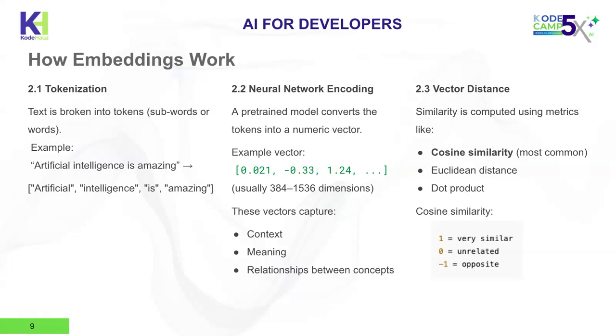Then those 4 tokens will be sent to a pre-trained neural network, a pre-trained model, that will take those tokens and convert them into a numeric vector. This does not necessarily amount to finding the embedding of each of these words and putting them together.